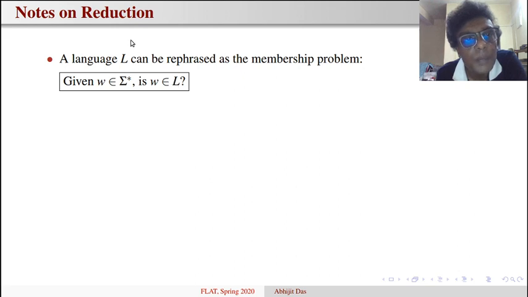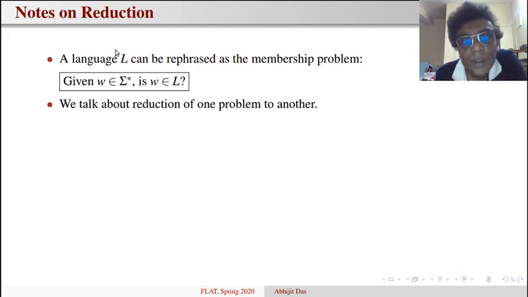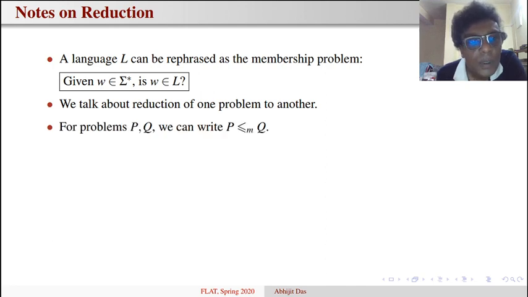This is a problem, L is a language, a set. So whenever we have a reduction from one language to another, we can also talk about the reduction of the membership problem of the first language or the source language to the membership problem of the target language. So for problems P and Q, we will also freely write P less than equal to Q.